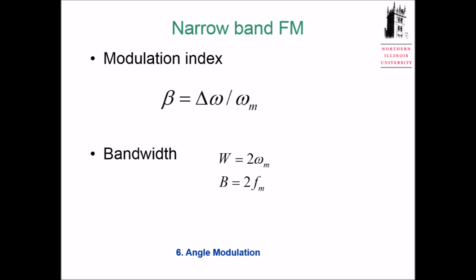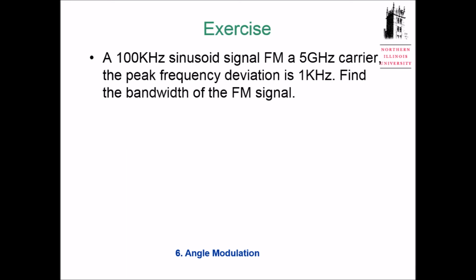I have one last thing I want to mention today. We call it narrowband FM, right? Why do we call it narrowband? The reason is here. The bandwidth for narrowband FM is 2 times your signal's highest frequency. So W is 2 omega m, B is 2 f m.